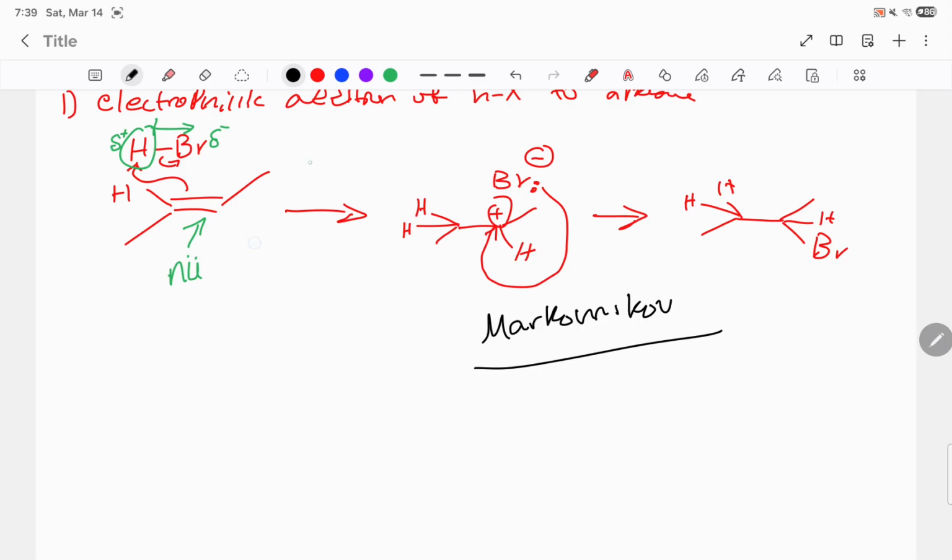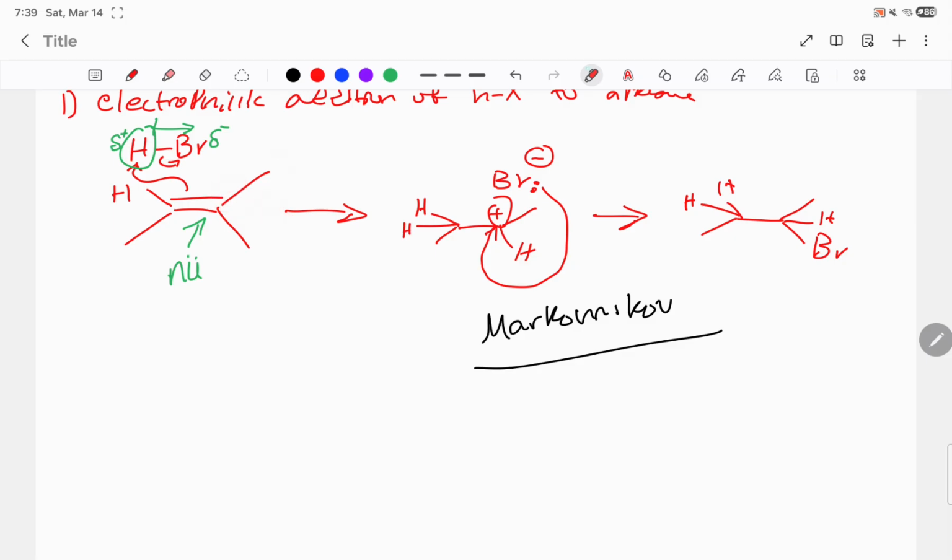So instead of a hydrogen, there was another methyl group there. And in this scenario, if this was the molecule that I was starting with, then the hydrogen will add to the less substituted carbon, and the plus charge will develop on the more substituted carbon.